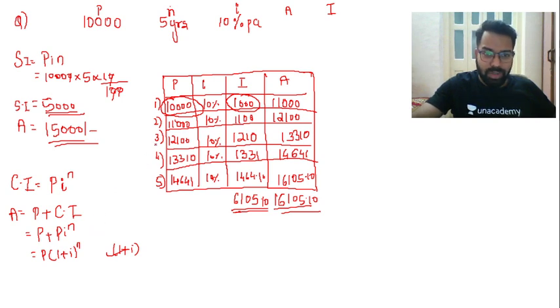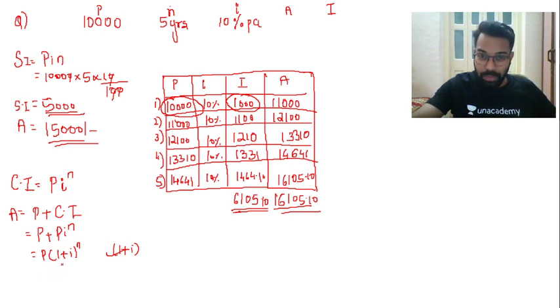Why is that? Because your principal 1 plus the interest rate, which is 1 plus 10 upon 100, is getting multiplied with itself, and the value keeps on compounding. That is how you get this formula.